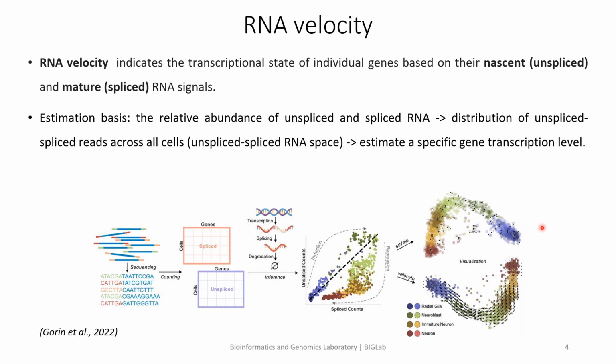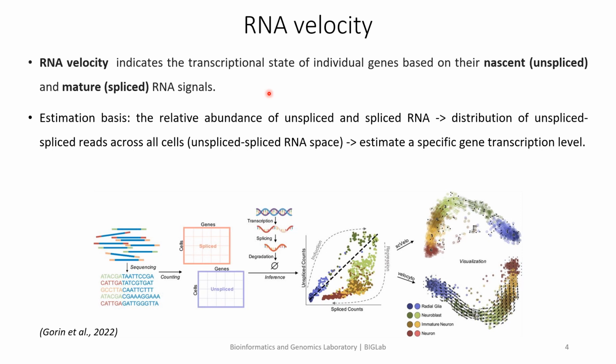And so, how does RNA velocity work? RNA velocity indicates the transcriptional state of individual genes based on their percentage of nascent and mature RNA.